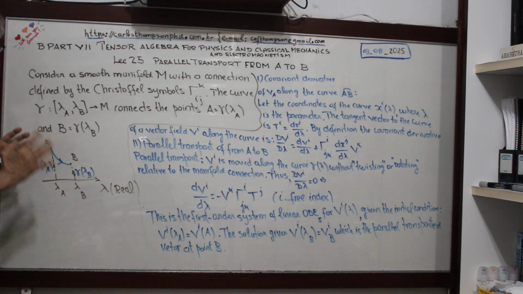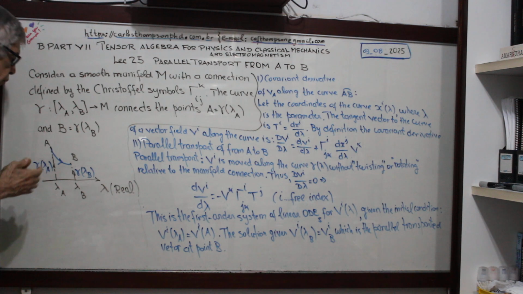As we emphasized previously, this is a map from lambda A to a point. A is a point in the manifold. B is a point of the manifold.